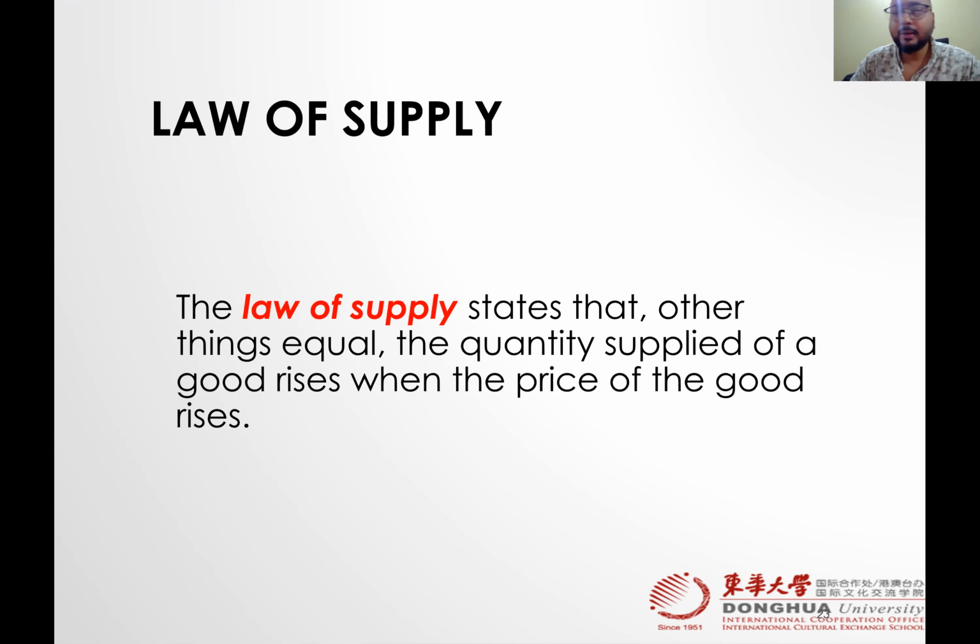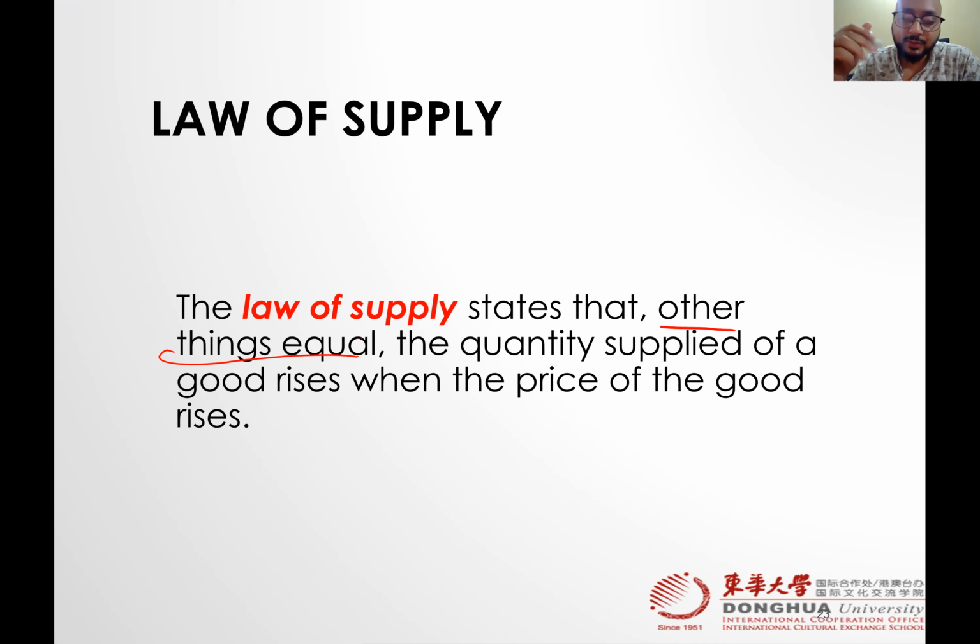It says that, other things constant, other things equal, quantity supplied would increase with an increase in price. So now think of yourself as a producer or supplier or seller. When the price increases, would you sell more or would you sell less?